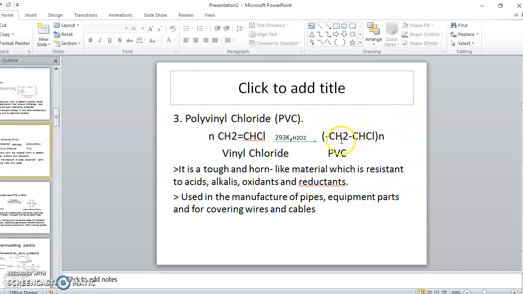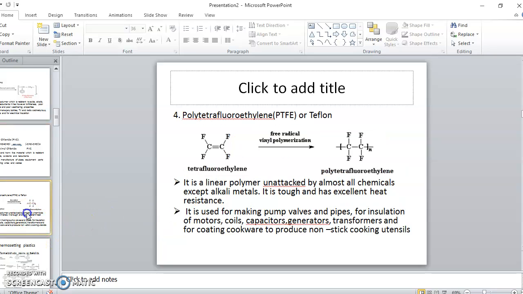That is polyvinyl chloride. It is a tough and horn-like material which is resistant to acids, alkalis, oxidants and reductants, used in the manufacture of pipes, equipment parts and for covering wires and cables.